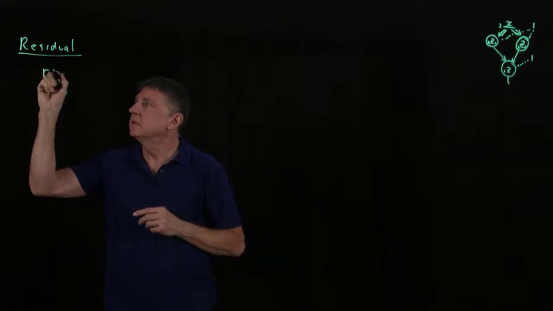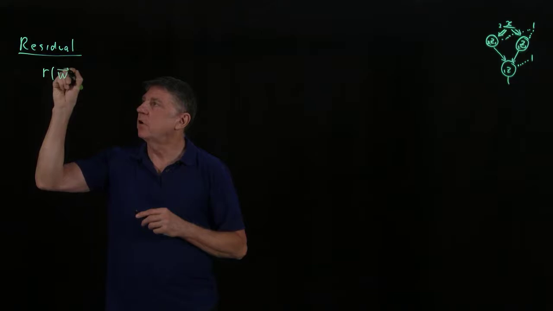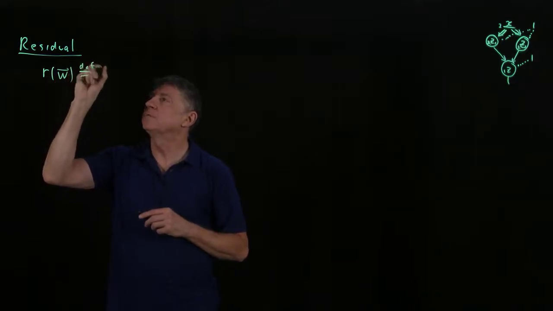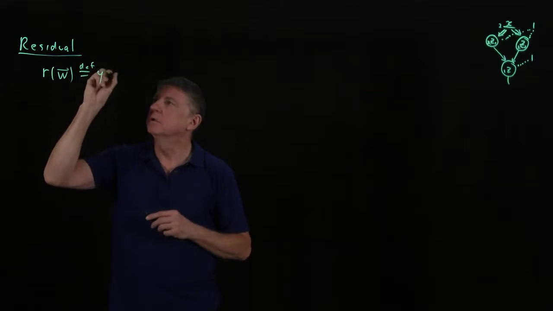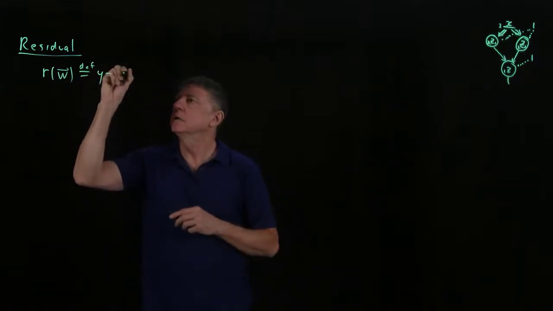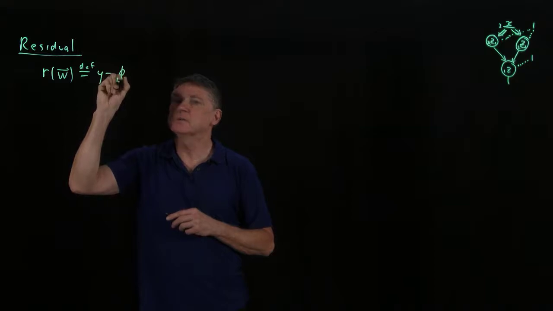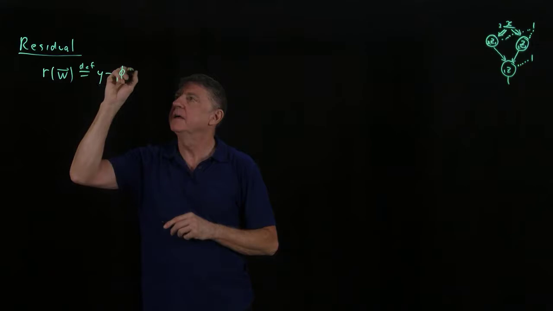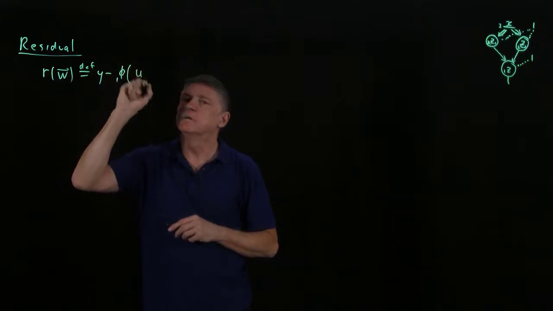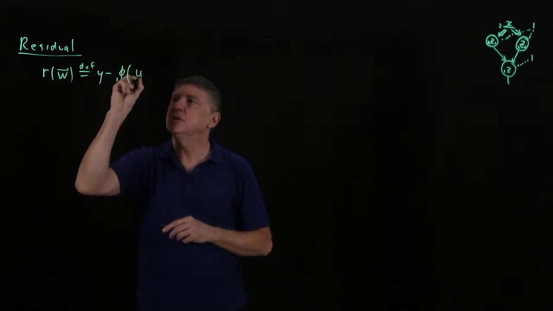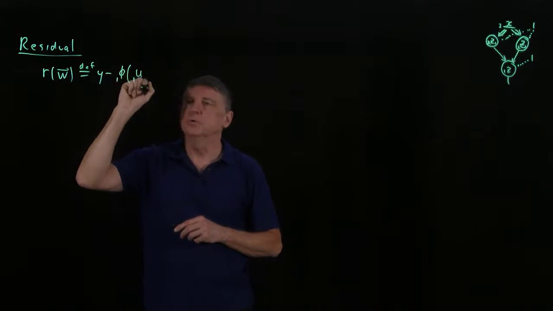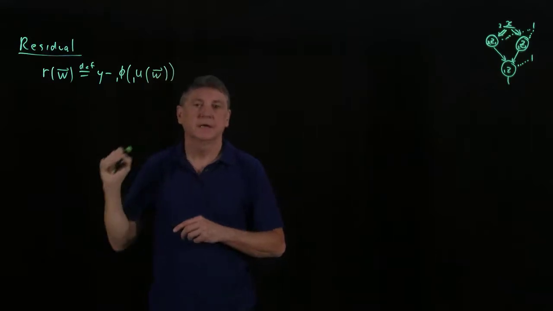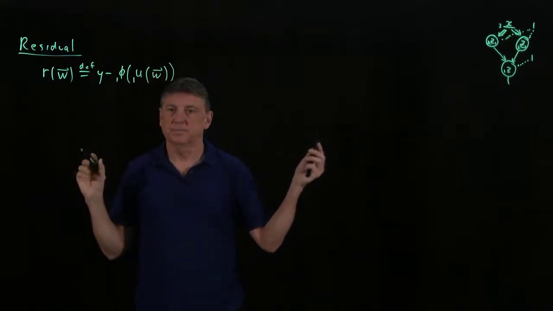So this residual is a function of all of the weights in the whole network, and that we will define as the label minus the activation function for our output neuron that is a function of the linear product for that output neuron, and that is a function of all of the weights in the entire network.